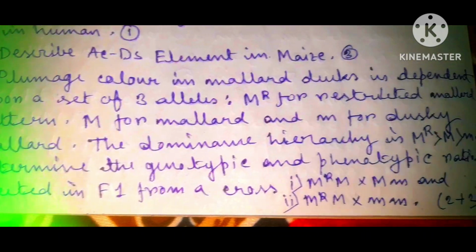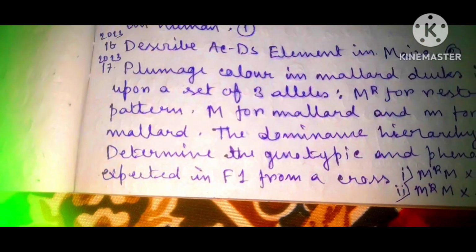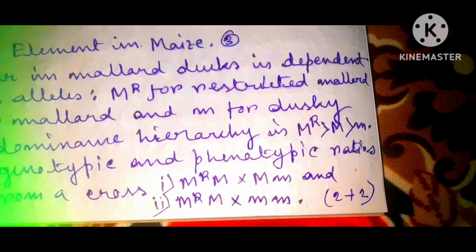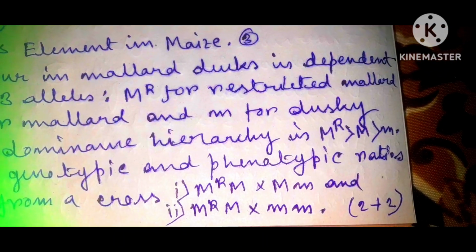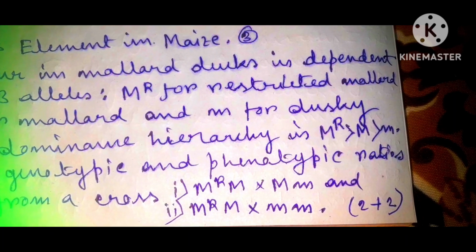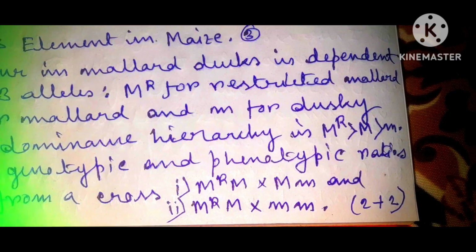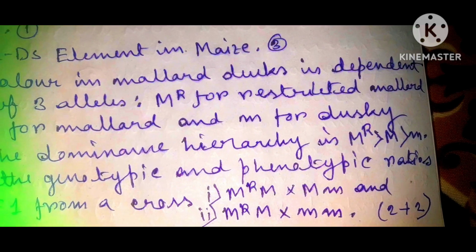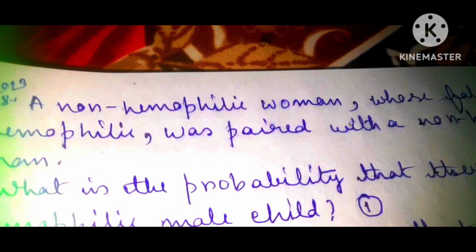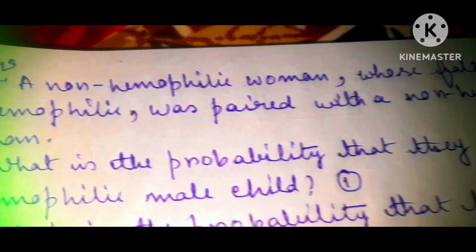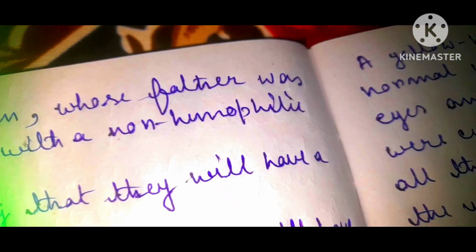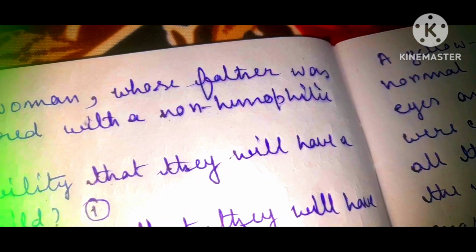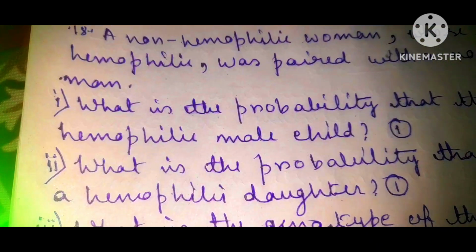Determine the genotypic and phenotypic ratio expected in F1 from a cross. Number 1, M^R M × M m, and M^R M × m m, carrying 2 plus 2 marks.